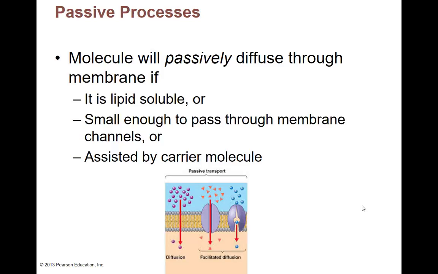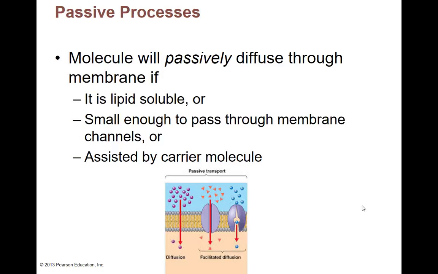I should have put passive on here. My first one, passive processes, is simple diffusion. Molecules will passively diffuse through the membrane if they are lipid soluble and small enough to fit through the membrane channels. Meaning, with simple diffusion, it can go right across the plasma membrane.